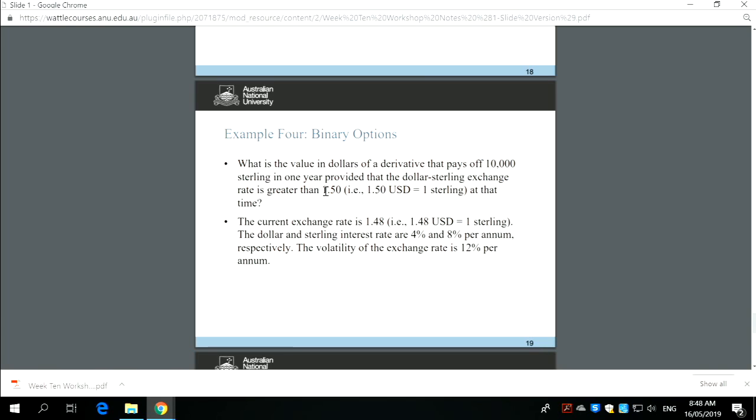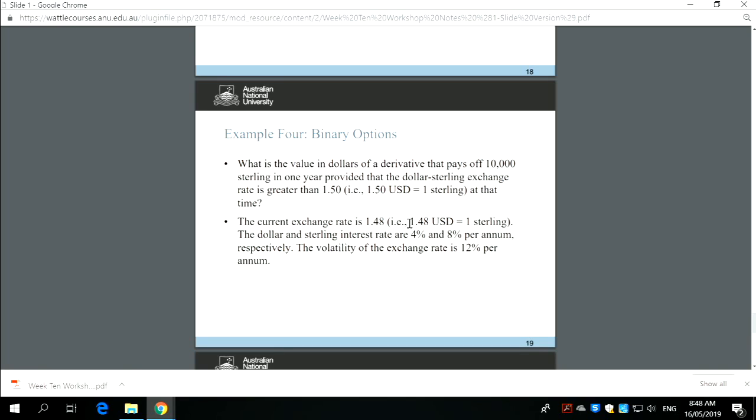So first, one thing we're sure of is this is a call option, because when the spot price finishes above the strike, it gives you a payoff. But the question is whether this is a cash-or-nothing call or an asset-or-nothing call. If the dollar-sterling exchange rate gets above $1.50, we will be paid in the form of a foreign currency, right? We'll be paid in sterling.